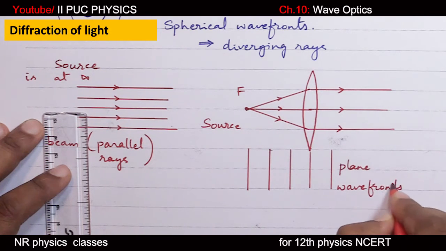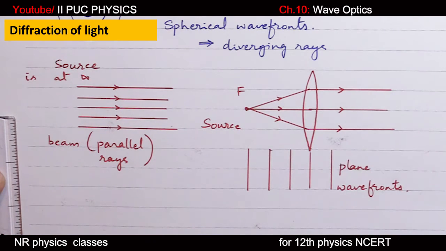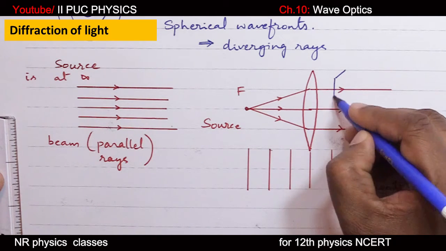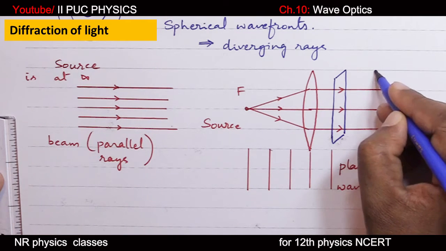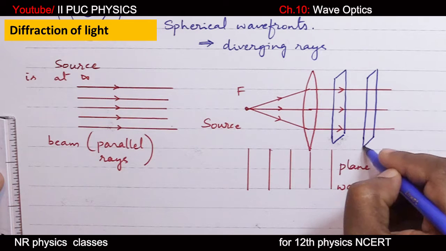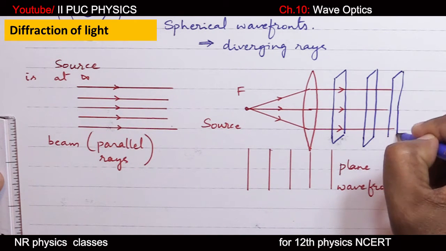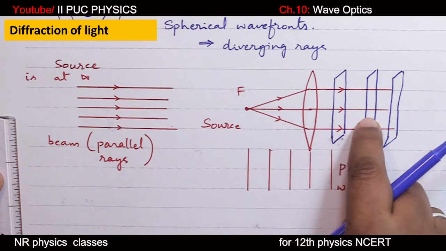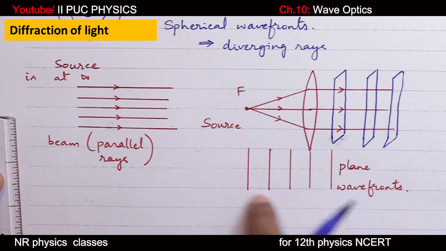So in the same diagram, if I try to draw plane wavefront, then this is one plane wavefront. This is another plane wavefront. In the beginning of wave optics also we have understood this. Instead of drawing in 3D, draw straight and parallel lines. They represent plane wavefronts.